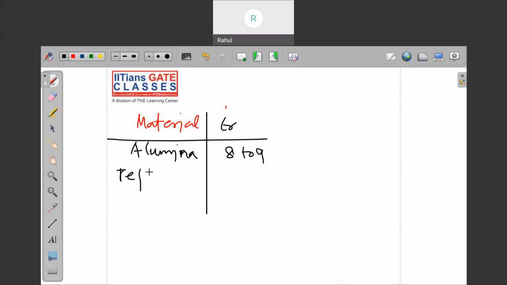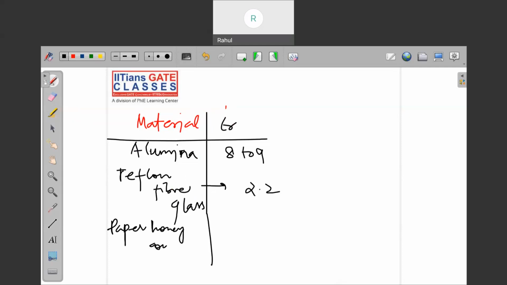Teflon fiberglass has 2.22. Paper honeycomb has 1.1.